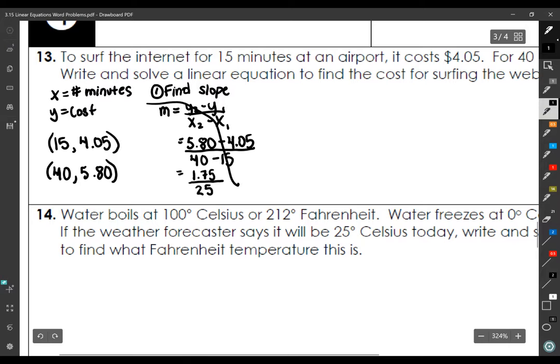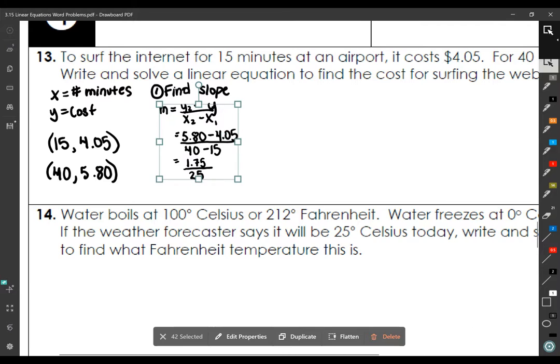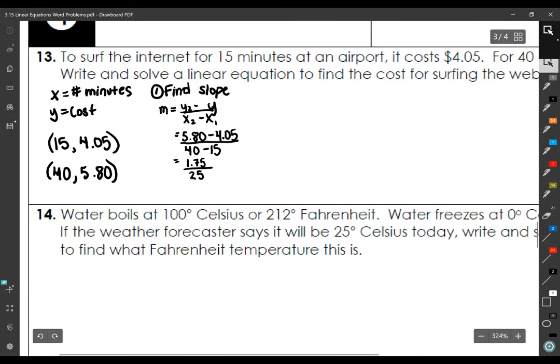I'm going to try to take up less space. Okay, so that's going to give us an m equal to, so 1.75 divided by 25 equals a small amount. So 7 cents per minute.